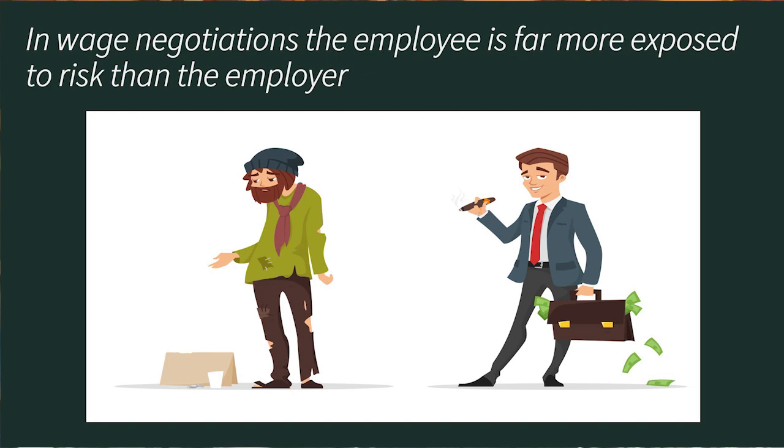Labour is a fast depreciating commodity. You can't store it up. If the worker isn't working, they will soon be starving. To turn down a salary offer is extremely risky for the worker. For a firm to lose a worker due to a low wage offer carries minimal risk. They just turn to the next person waiting outside in the queue.